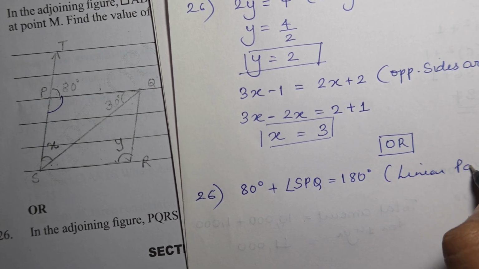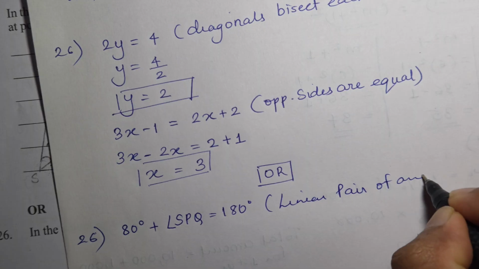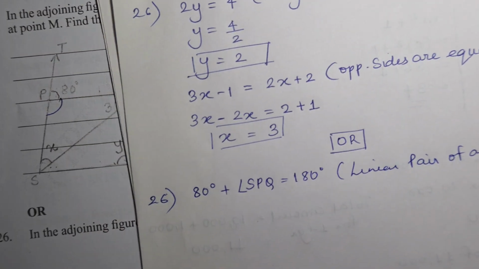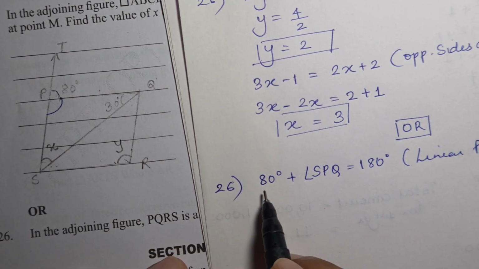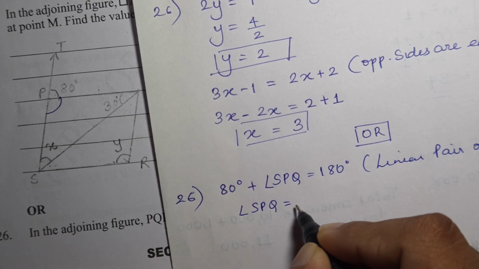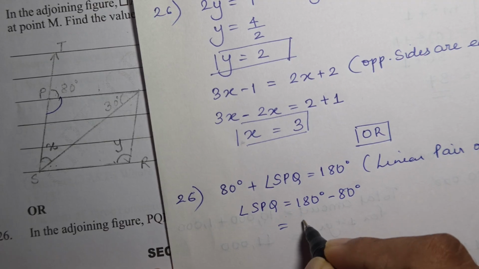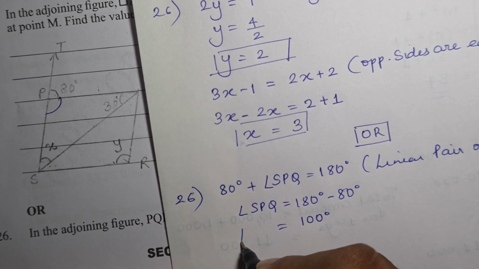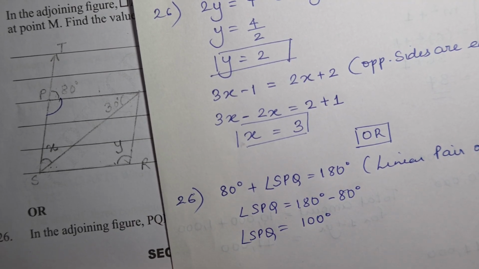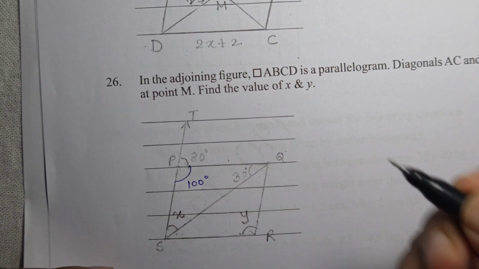Linear pair of angles, correct? So if I take 80 that side, angle SPQ is equal to 180 degrees minus 80, which is giving you 100 degrees. So angle SPQ is 100. Now this angle is 100 degrees.